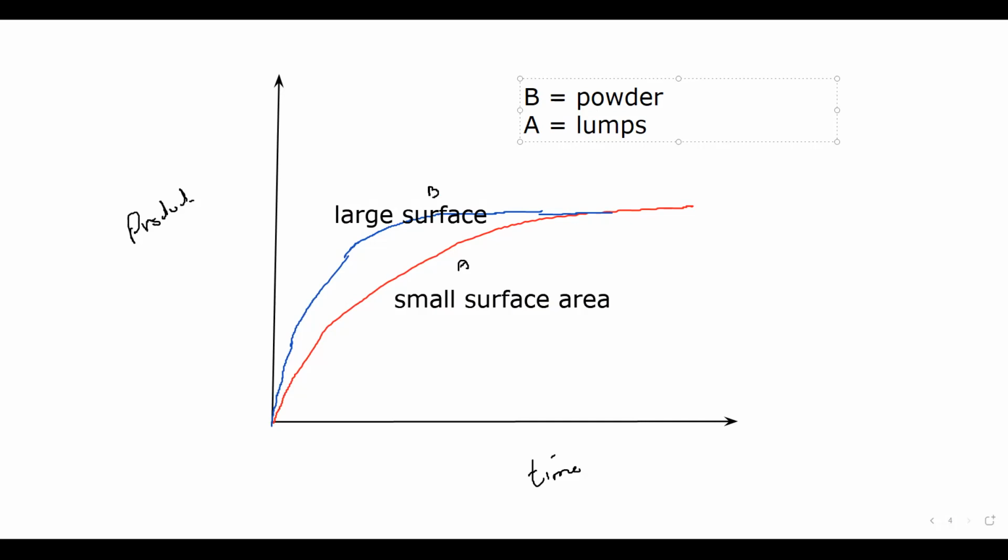Then another factor which affects the rate of the reaction is known as the pressure, but that is only valid for gaseous reactants. So what is the effect of pressure on the rate?